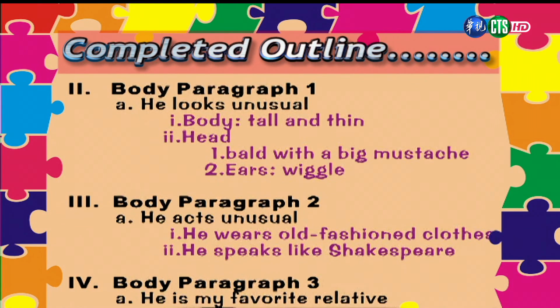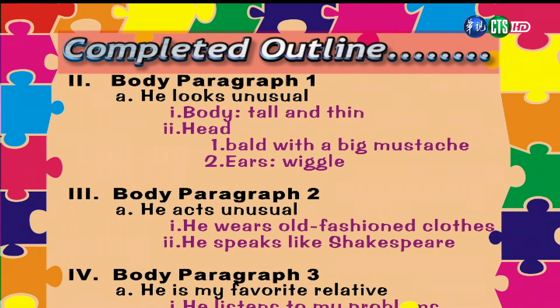In body paragraph 1 about how he looks unusual, we add specific details such as he's tall and thin, that he has a bald head, and he has ears that wiggle.